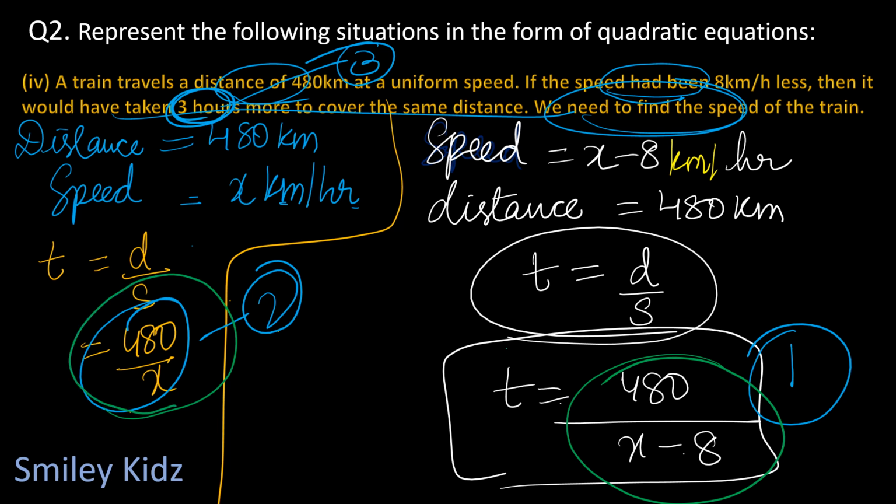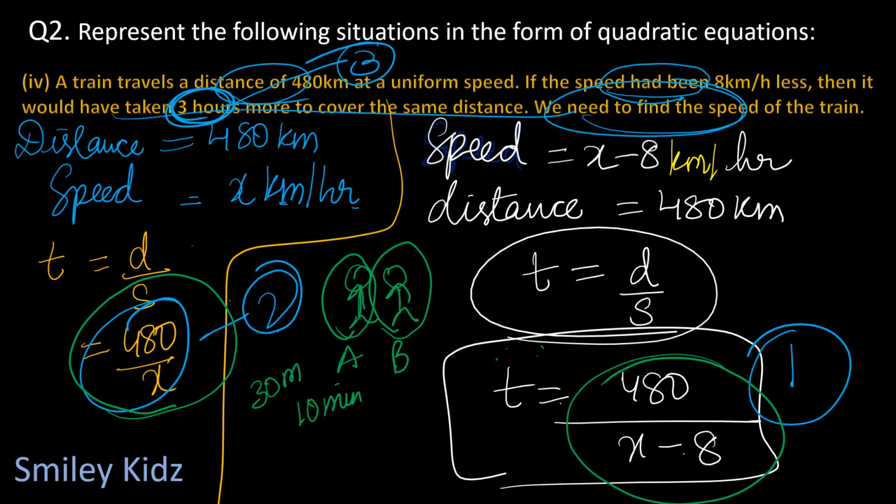Now let's suppose there are two people who arrived late to the school and they had to travel the entire school ground. Then the person A and person B. The person A has traveled the entire school ground of, let's say, 30 meters in 10 minutes, whereas the person B has taken 15 minutes to travel the same distance.